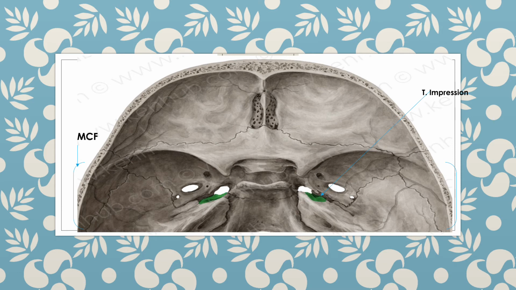It is located posterolateral to the foramen lacerum, at the apex of the petrous temporal bone. This stout bone is the petrous temporal bone, and this green portion is the trigeminal impression. Basically, the trigeminal ganglion is located here.